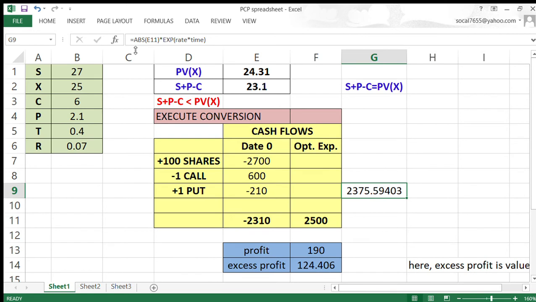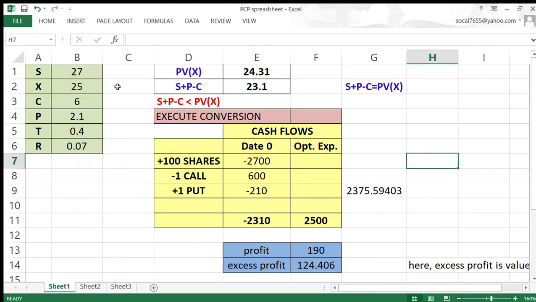As you can see here, it takes the value E11, which is the absolute value of that $23.10, and just moves it forward in time. And $23.75 is what we'd have, but we end up here at $2,500, so we're about $124.40 better off. And of course, the excess profit then is that $124.40. So that's how the arbitrage works there.